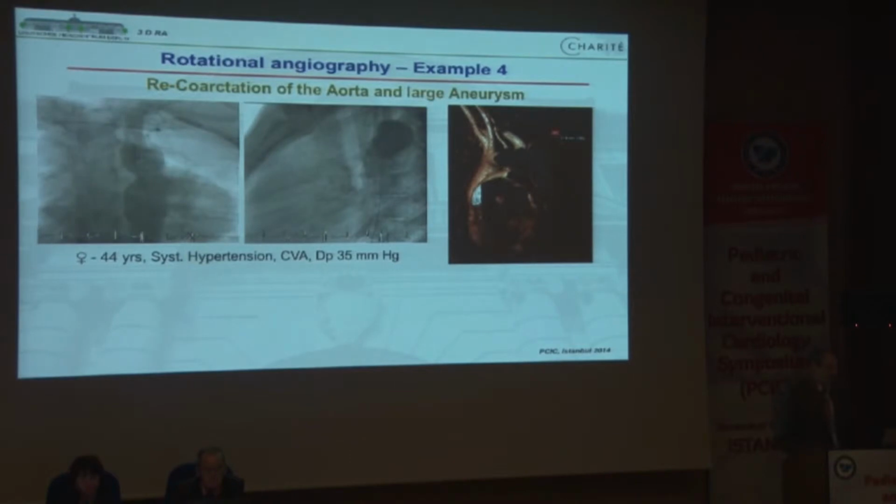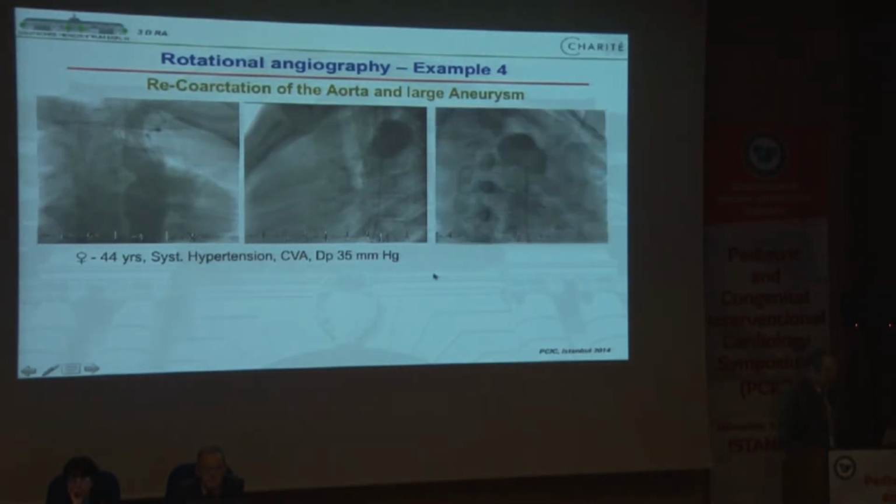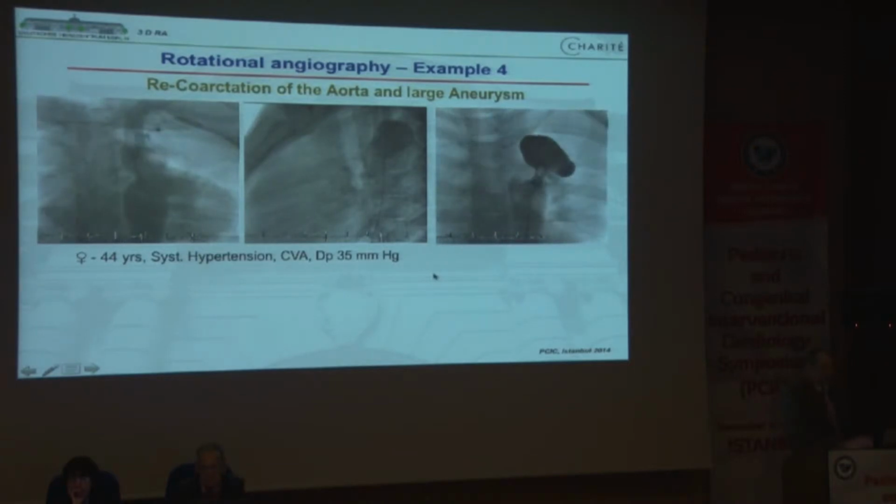This is another very complex patient. Here you see a mild residual coarctation combined with a very large aneurysm, which is starting here. What we know from the MRI study prior to the procedure: this is the aneurysm, this is the coarctation. It's a 44-year-old female, and that is the rotational angiography to see what is really the fact with the aneurysm.